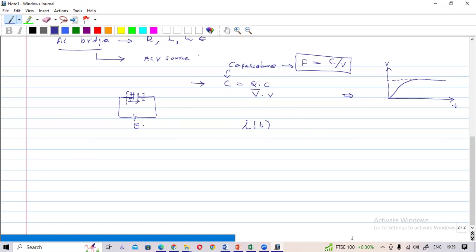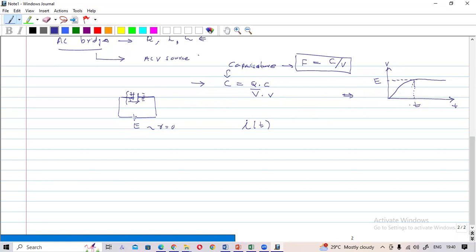If this source doesn't have an internal resistance R, if the internal resistance is 0, that means if it is an ideal source, this voltage will be equal to the battery voltage. So anyway, it will reach a maximum voltage. To get the maximum voltage, it will take some time.